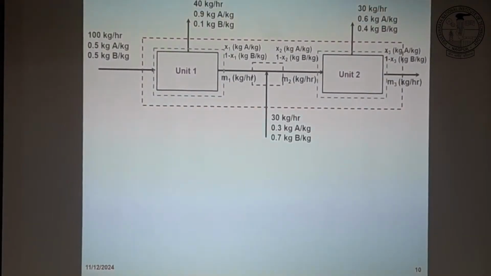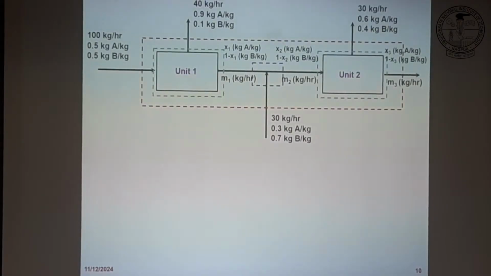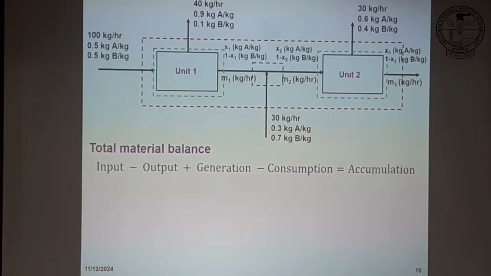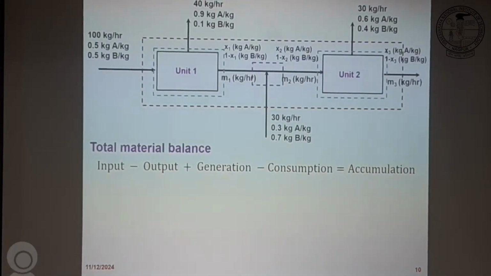So these are the various different units like unit 1, mixing point, unit 2, and we need to perform the material balance across these units as well. So the total material balance is, of course, a very general equation: input minus output plus generation minus consumption equals accumulation.